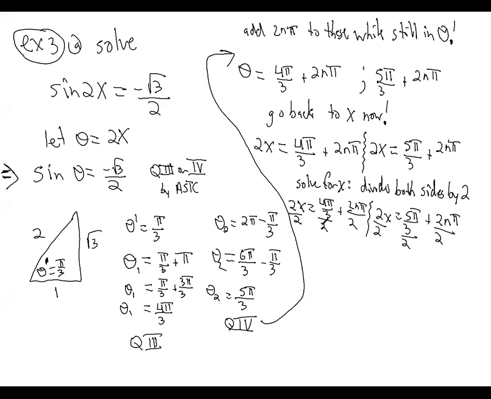Now, dividing by 2 is the same as multiplying by a half. These are compound fractions. We've talked about them. A fraction divided by another fraction means multiply by the reciprocal. So dividing by 2 is the same as multiplying by a half. So this is going to become x equals 4 pi over 6 plus n pi, or x equals 5 pi over 6 plus n pi, because the 2's cancel.